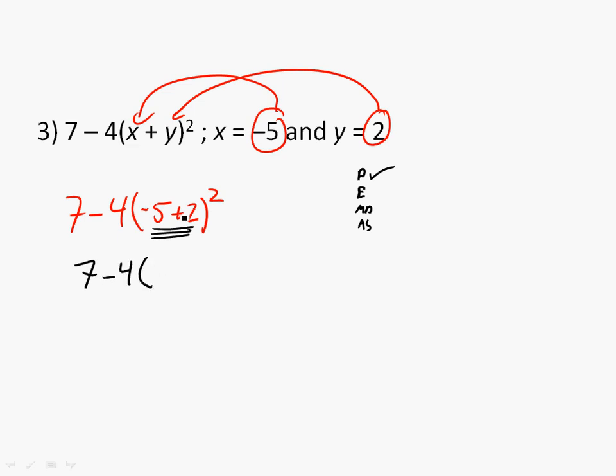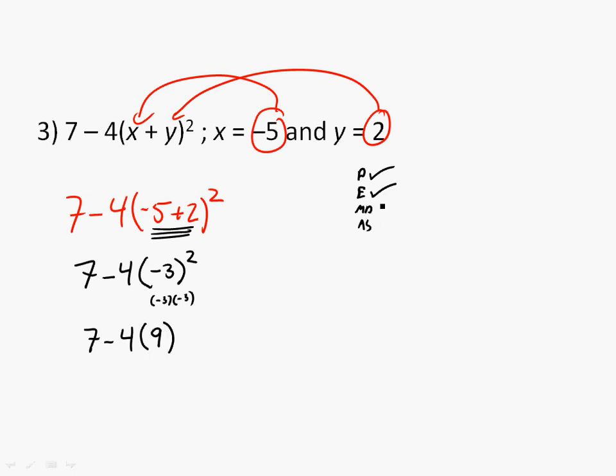So -5 plus 2 is -3. Okay, that's done. Now I got to do the exponent. I have an exponent, I have to do -3 squared. Remember, it'll be -3 times itself. So now I have 7 minus 4 times 9.